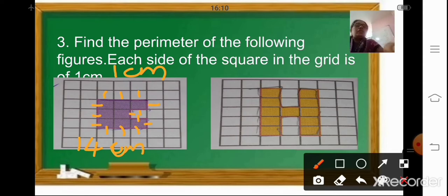Okay. So you just have to count the total squares, which is a closed figure here. Now coming to the second figure here.